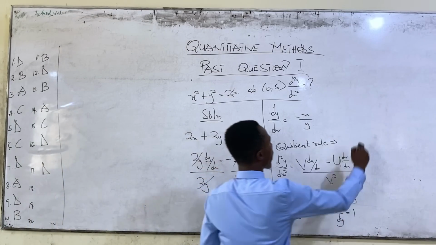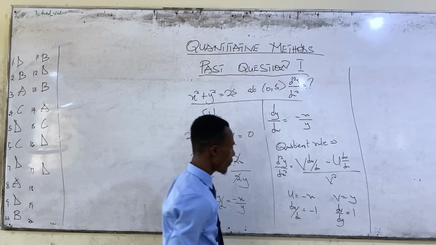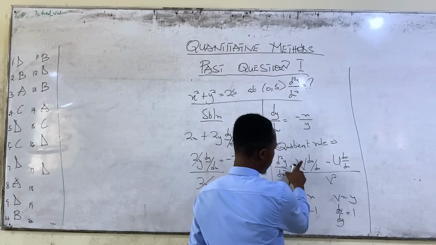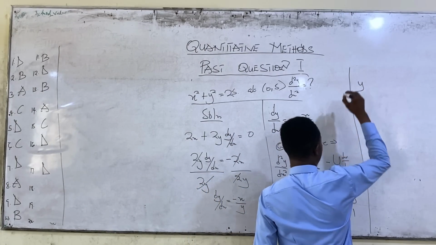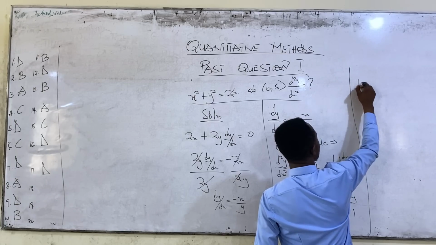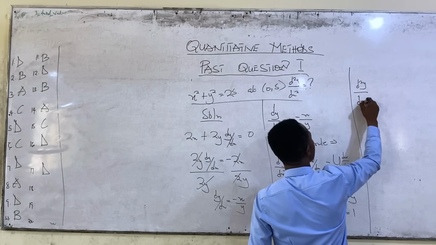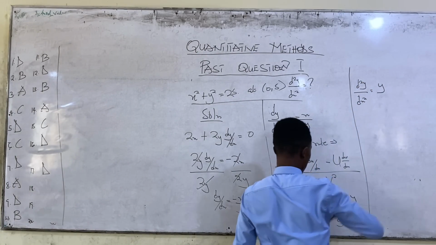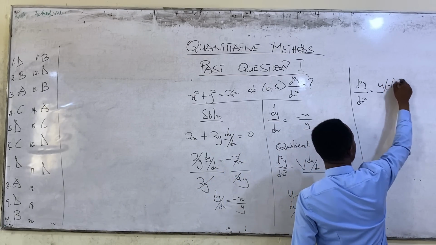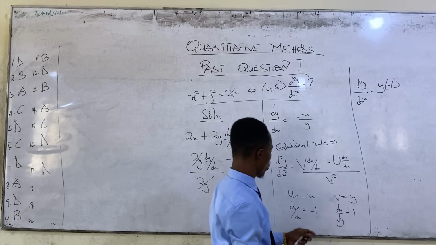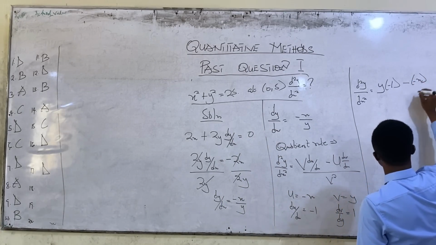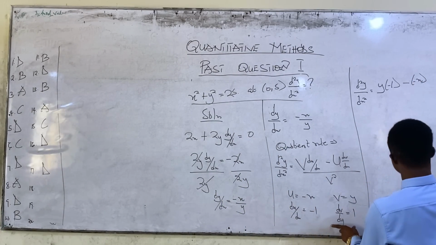Okay, so if that is clear, then let's do the multiplication and we go our way. So v is y. Okay, so we have y here. Then let's see, d squared y over dx squared is equal to y multiplying the du/dx, which is negative 1, minus u, which is negative x, multiplying dv/dx, that is 1.